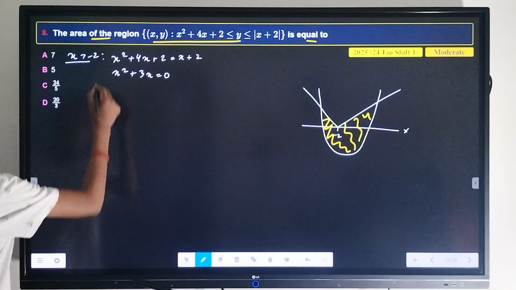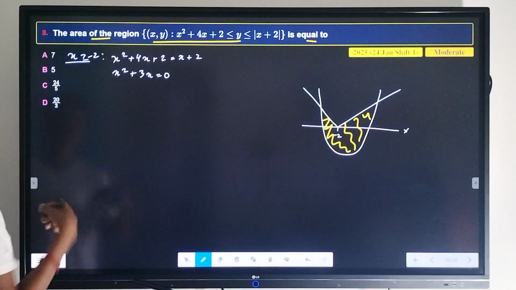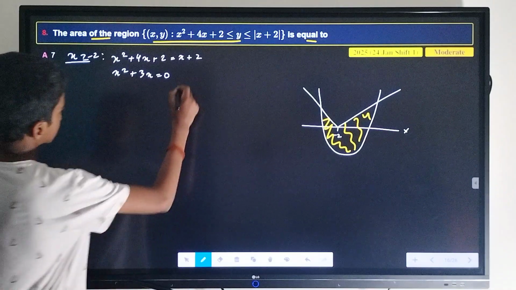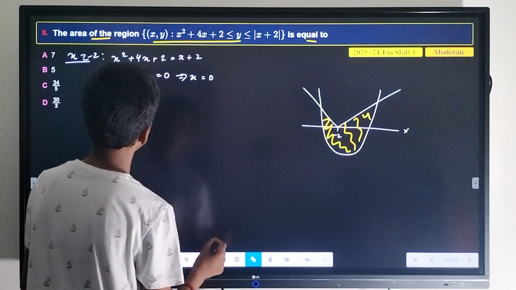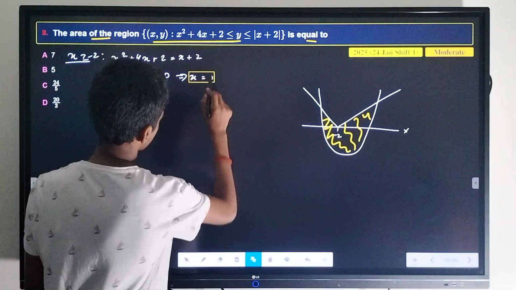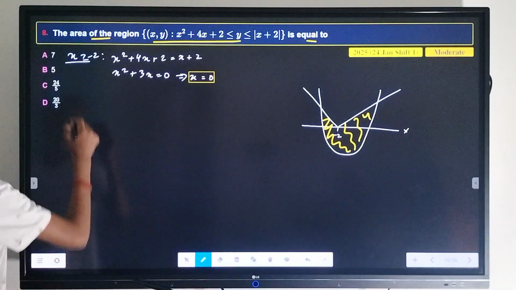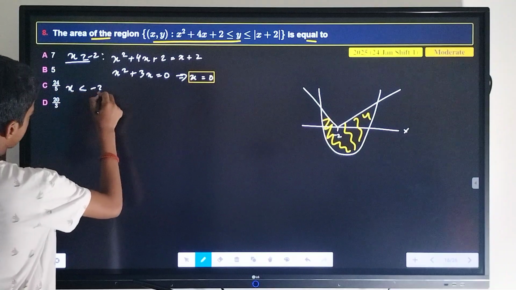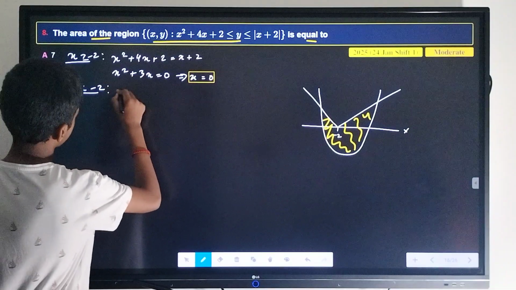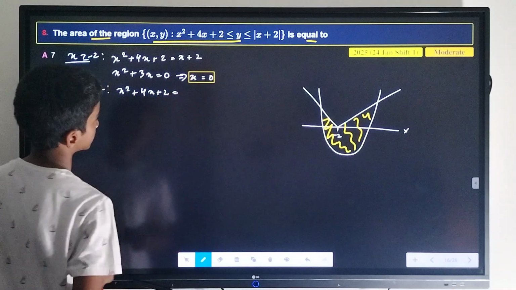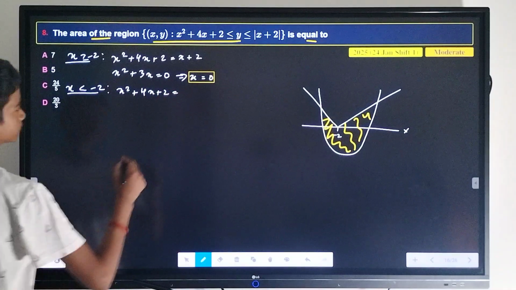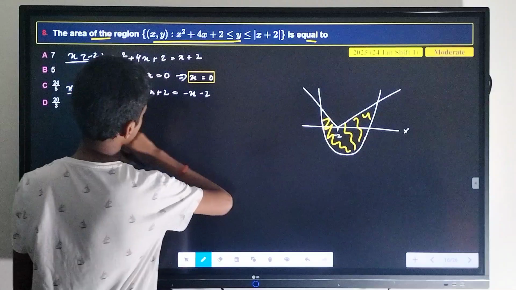Our x is greater than or equal to minus 2, so following this, our x is equal to 0. The other root will get rejected. And when x is less than minus 2, we will get x square plus 4x plus 2 is equal to minus x minus 2.